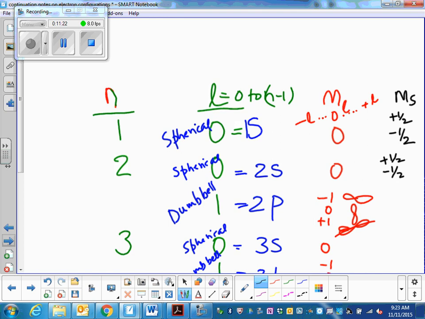If you go to the 2p orbital, minus 1 is one of the directions in which you will find a probable location. Let's call this the px. Within px, you have the plus half and the minus half. Within py, you have the plus half and the minus half. Within pz, you have the plus half and the minus half.